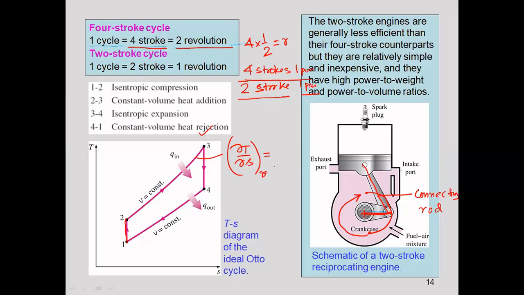From the thermodynamic analysis or the TdS relations, you know that this is basically T by Cv for ideal gases. That you can get from the TdS relations. For this line also, the slope you can get from this relation. Okay, TS diagram for the Otto cycle. So you can see one is the PV diagram, another is the TS diagram.